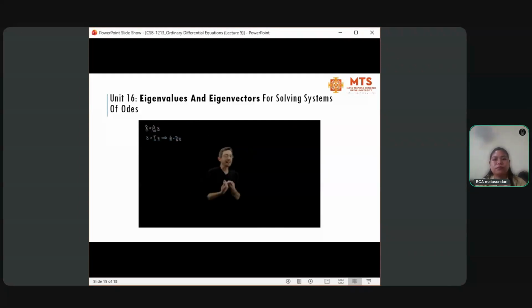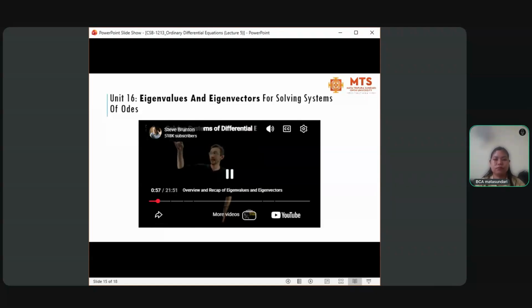But it's a lot easier to solve this system of equations if A was a diagonal matrix. So we try to find a coordinate transformation, some invertible matrix T, into a new coordinate system z, so that z dot equals a diagonal matrix D z, because this is way easier to solve, where D is diagonal and the dynamics are decoupled, than this system here where A is not diagonal.